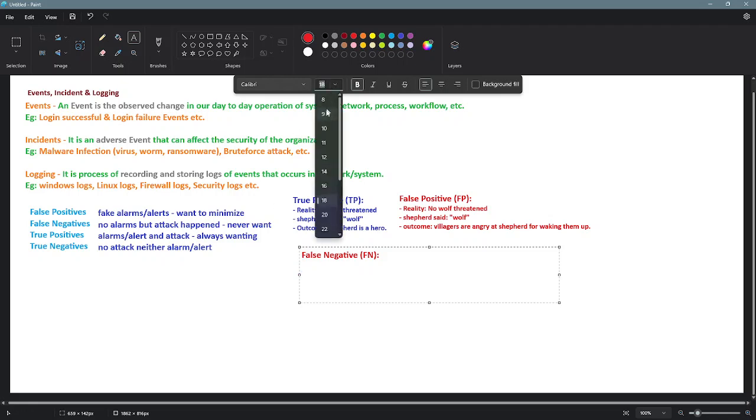Okay. In this scenario, I am adding this because after this you will get an idea of true positive, false negative and true negative all at once. Okay, so if we talk again about reality, reality is wolf.